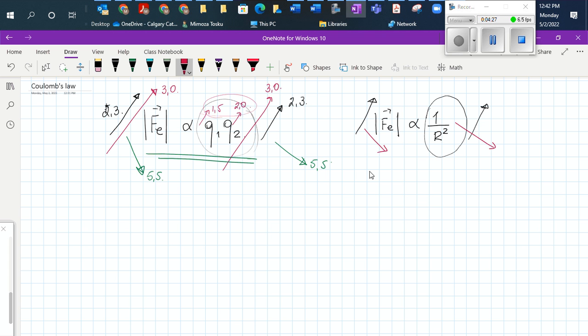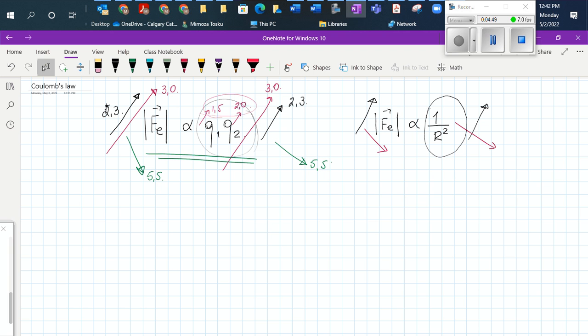When you put those two together, so when you say that it is in direct proportion to the product of the two charges and in direct proportion to the inverse square of the distance between the two charges, then direct proportion doesn't mean equal.